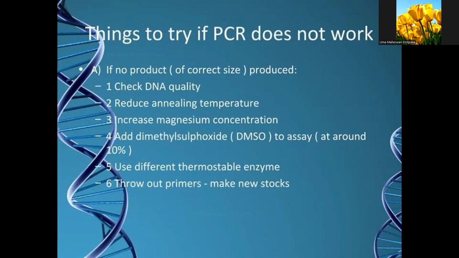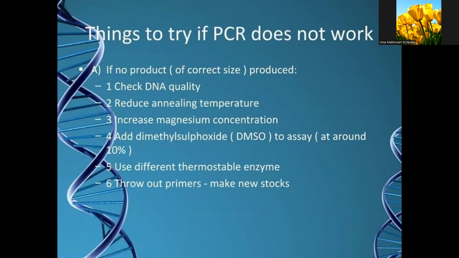Next, things to try if PCR does not work. What are the things we have to try if PCR is not working? If no product of correct size is produced, check DNA quality. First of all, we have to check the DNA quality, whether we have taken quality DNA or not.